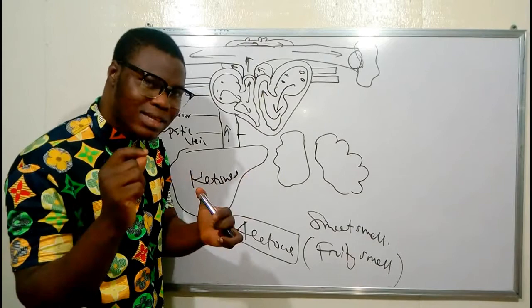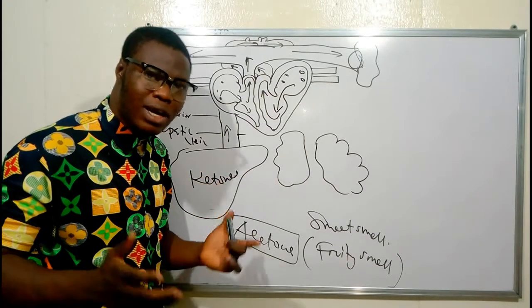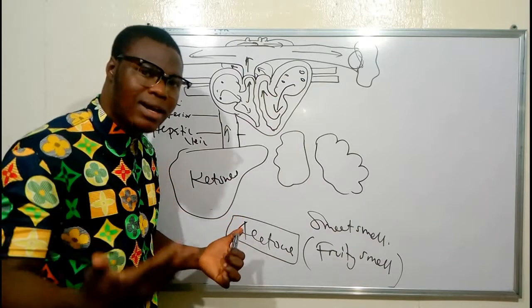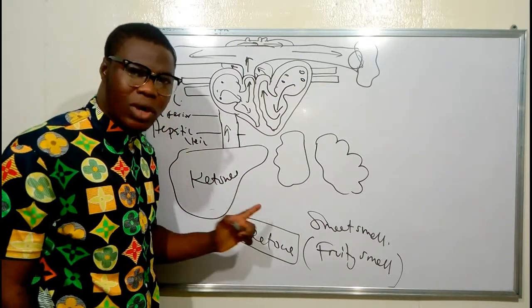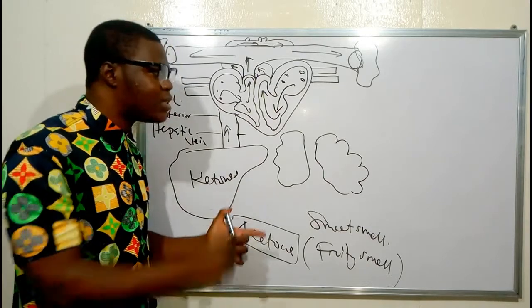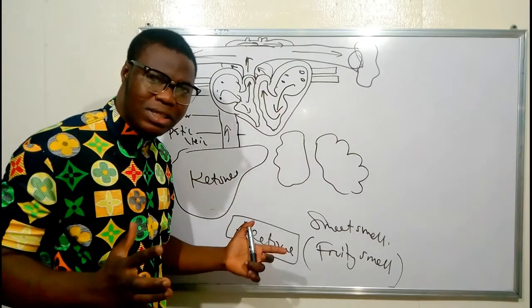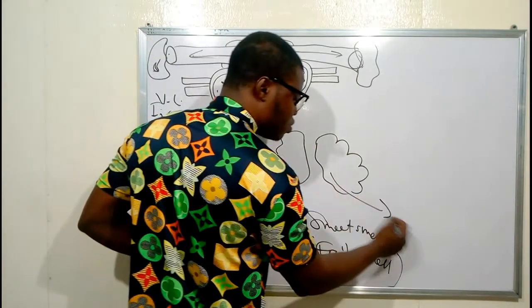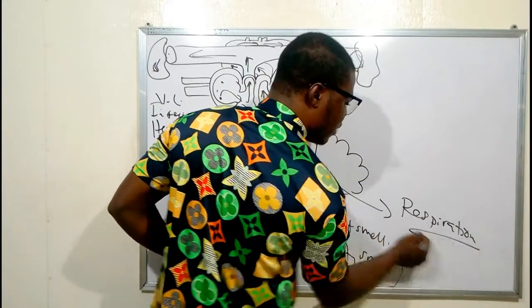And when it enters the brain, a certain region called the medulla oblongata. So the medulla oblongata is going to increase the respiration of what? Of the individual suffering from this disease, suffering from this complication. And then what is the medulla oblongata going to tell the body system of that person? It's going to tell the body system of that person to increase the respiration.